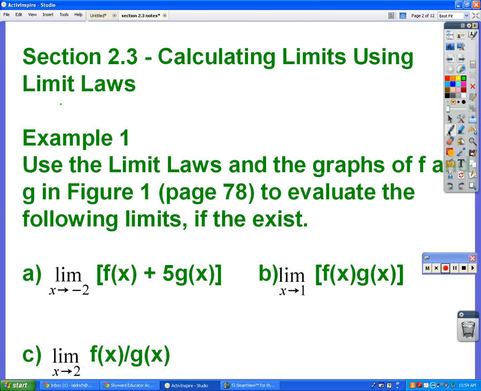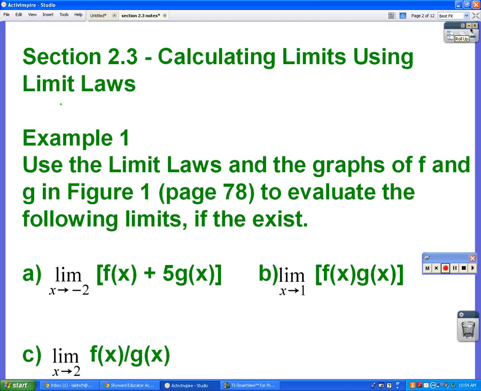What's the limit of g of x as x approaches negative 2? It's negative 1. And so 5 times that will be negative 5. And so my answer is negative 4. Okay?